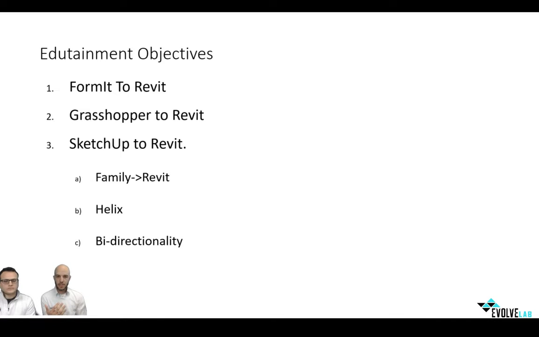Most firms are either using SketchUp or Rhino, the SketchUp and Rhinos of the world, to translate over to Revit. Plus, we only have a limited amount of time. We could look at all tools, but I think these are the most relevant to, I would say, 90% of the firms.